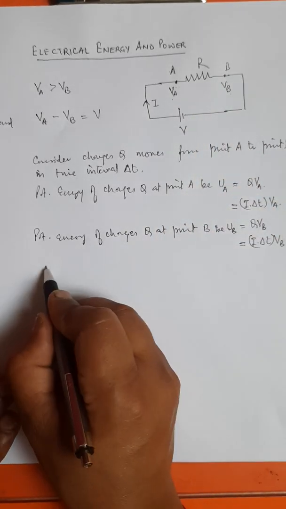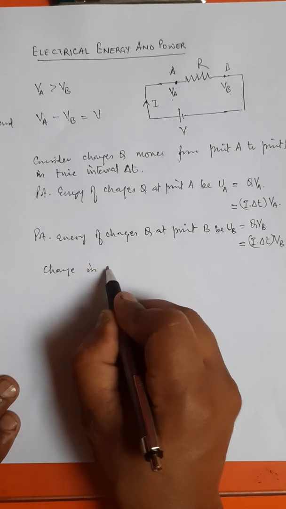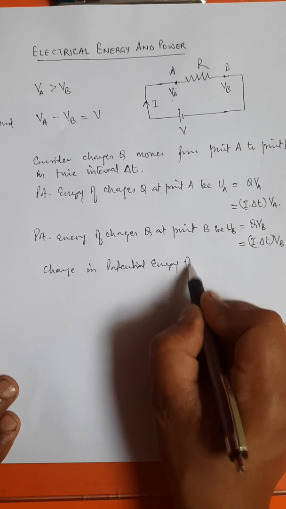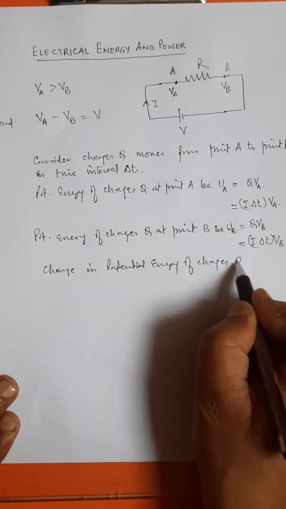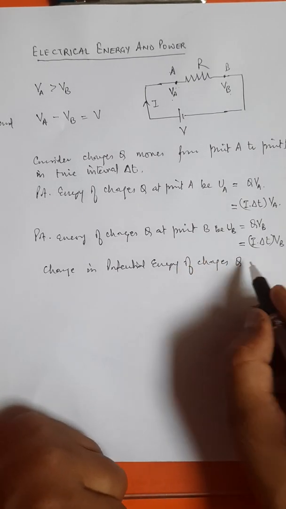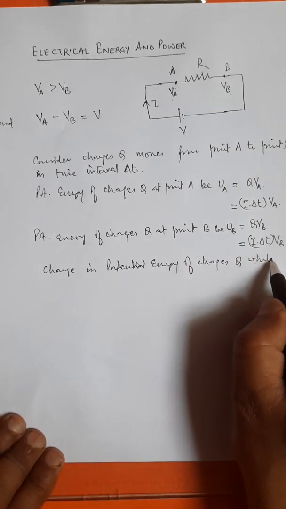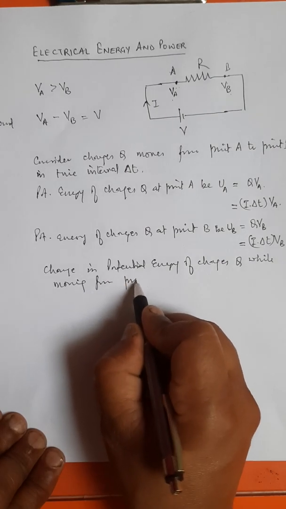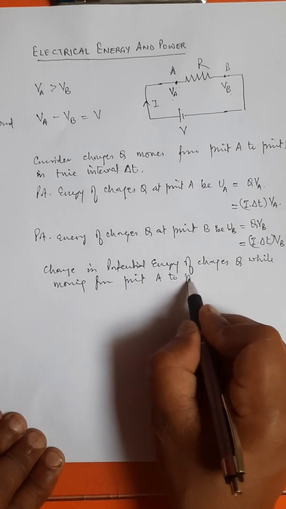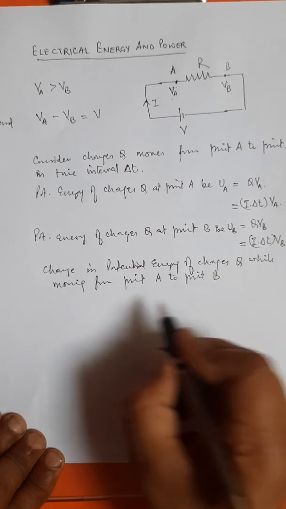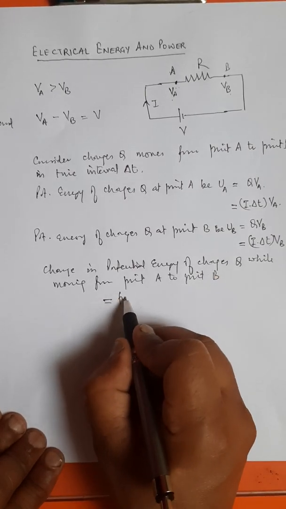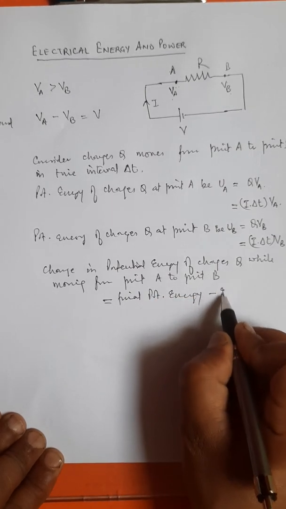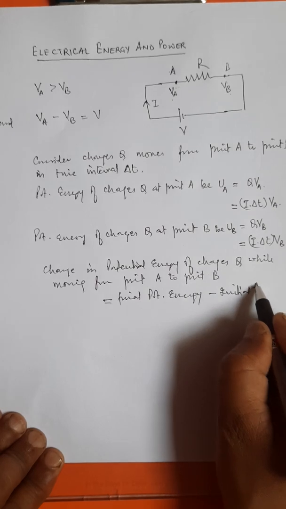The change in potential energy of charge Q while moving from point A to point B will be equal to final potential energy minus initial potential energy.